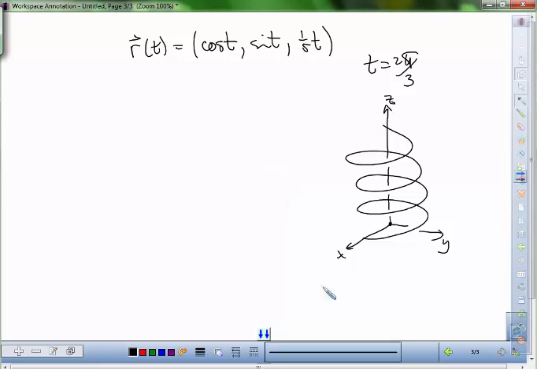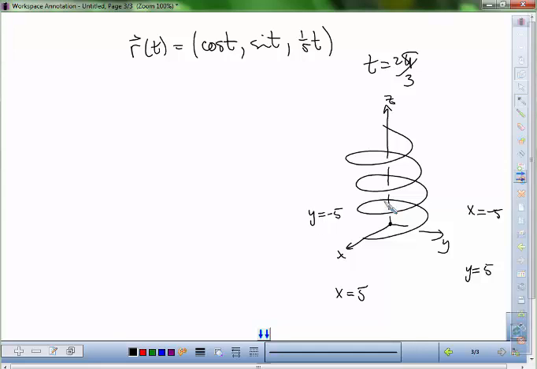There's a wall where x is equal to 5, x is equal to -5, y is equal to 5, y is equal to -5. Okay?